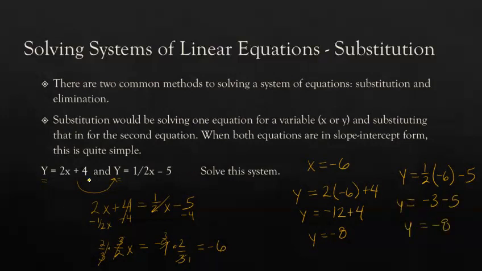So you can see it doesn't matter which equation we choose to substitute back into, we're just solving for our y after we get our x. That makes the point of intersection, or the solution to this system, (-6, -8). So our final answer is just this point. And we got that by solving for x and then substituting in and solving for y.